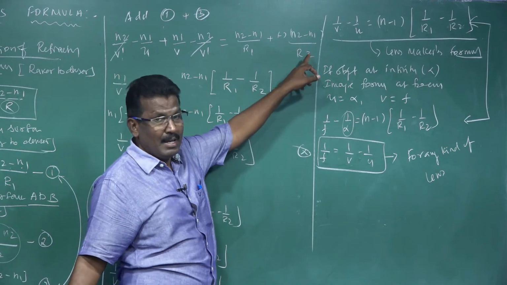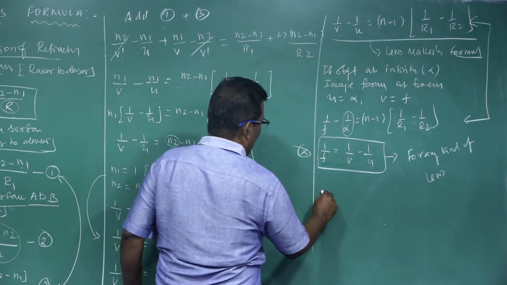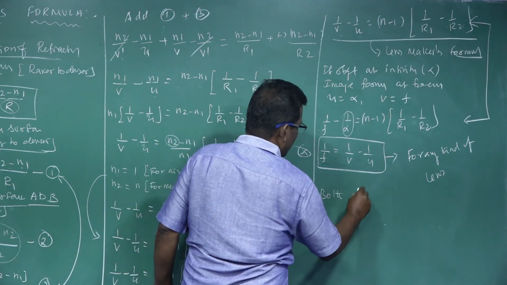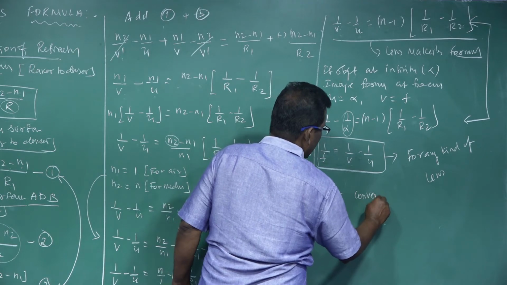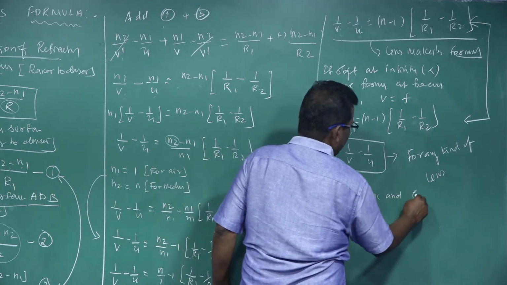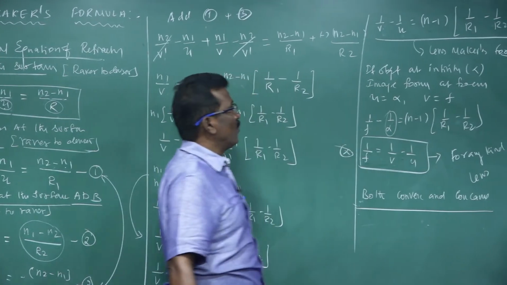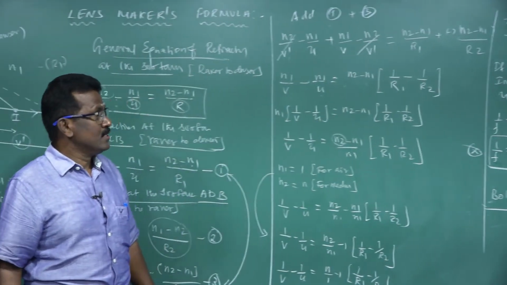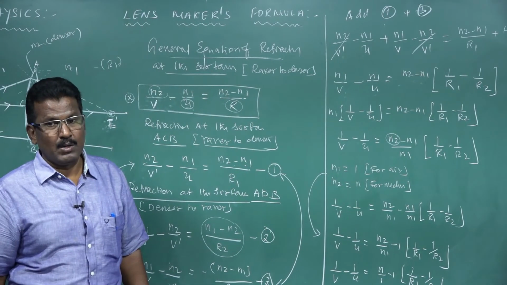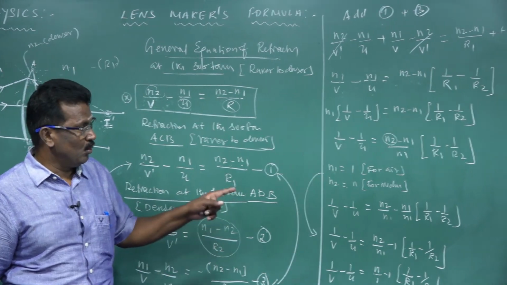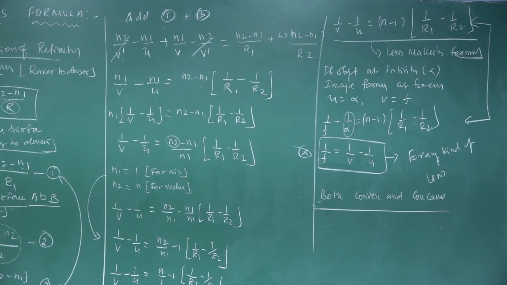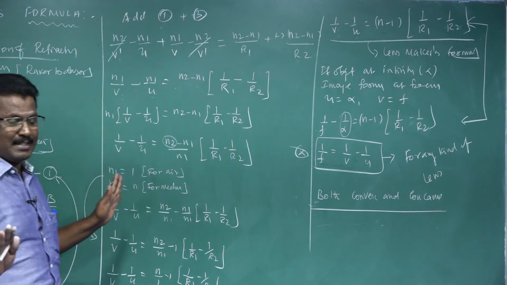The lens maker formula is valid for both convex and concave lenses. 1 by v minus 1 by u is equal to (n minus 1) times (1 by r1 minus 1 by r2), valid for any kind of lens, either convex or concave.